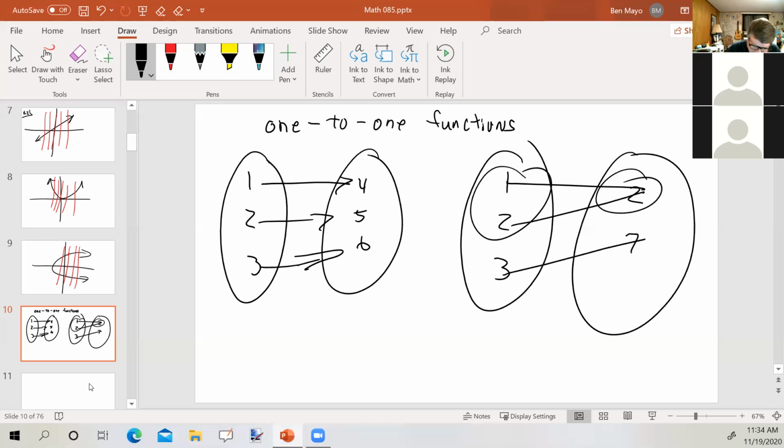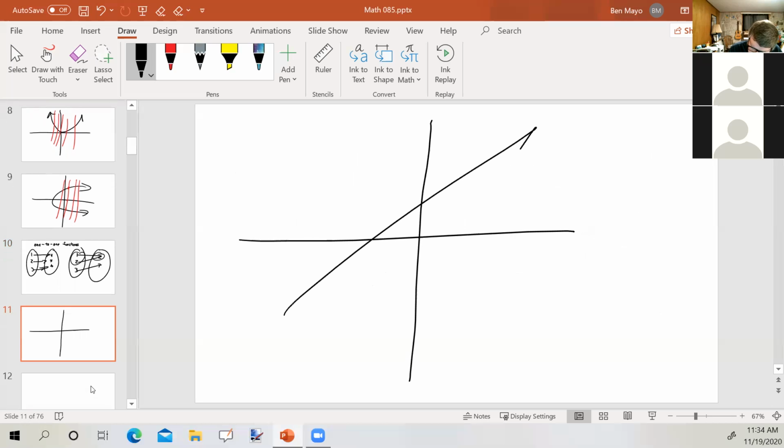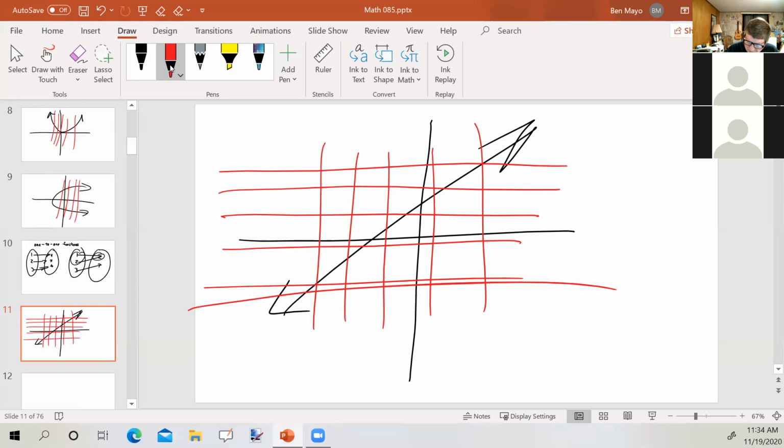All right, now, the graph of a one-to-one function, for instance, this linear equation, not only does it pass the vertical line test, but it also passes a horizontal line test.